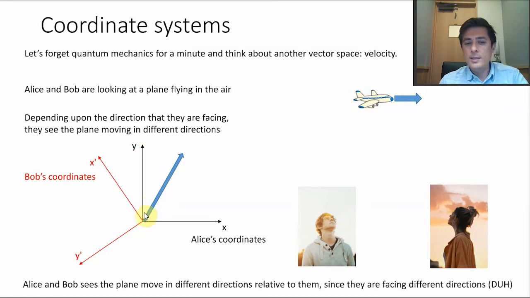What's actually changing is just your relative perception of it and how you describe it. Another way to put this in more physics terminology is that Bob and Alice have different coordinates, and so they describe the movement of the plane in different ways. Okay, so a perfectly obvious kind of fact, right?